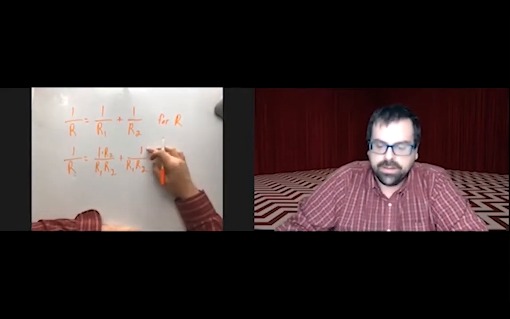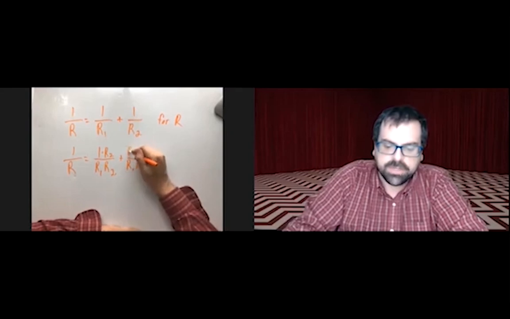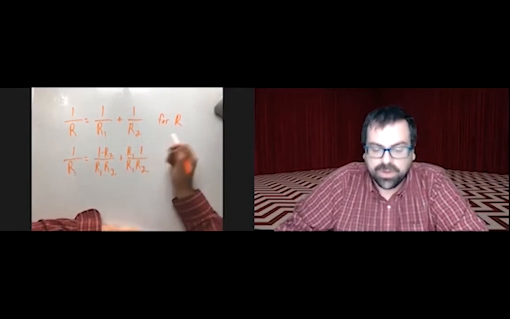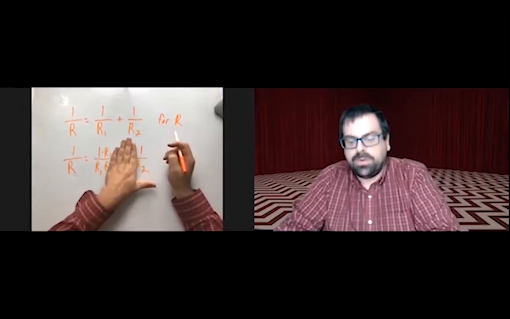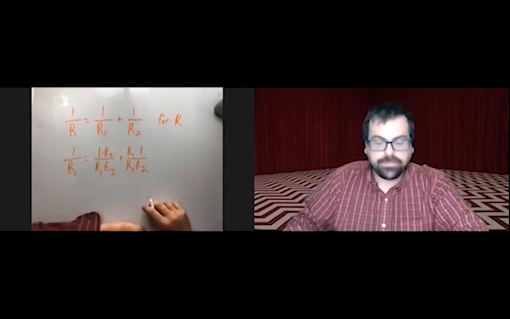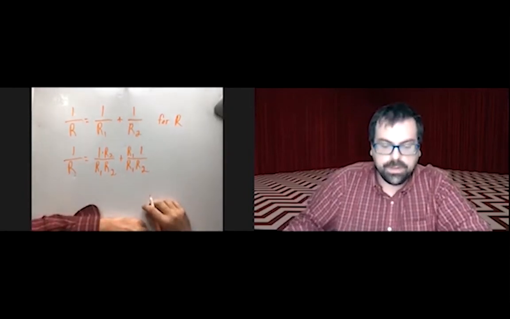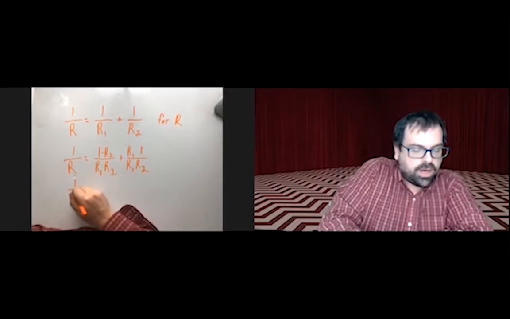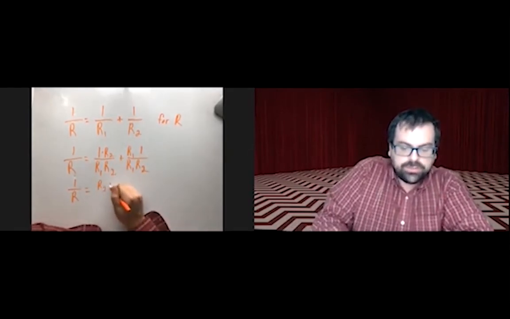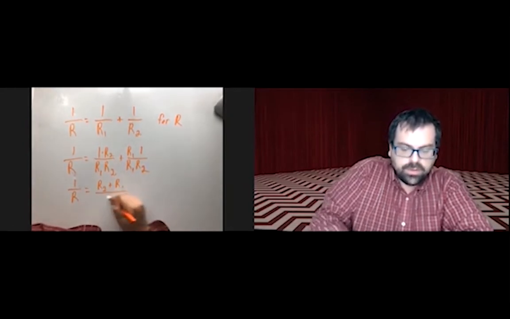And we had the 1 over R2, so it needs to be multiplied by R1 over R1. What we had times 1. So we have 1 over r equals, this is R2 plus R1 over R1 times R2.